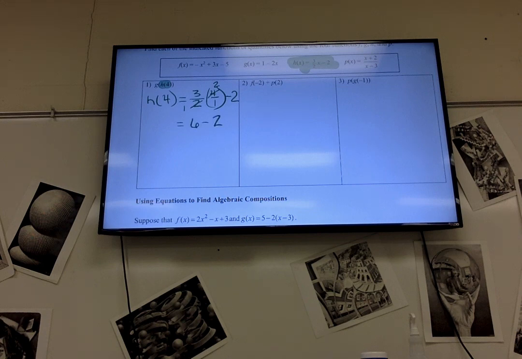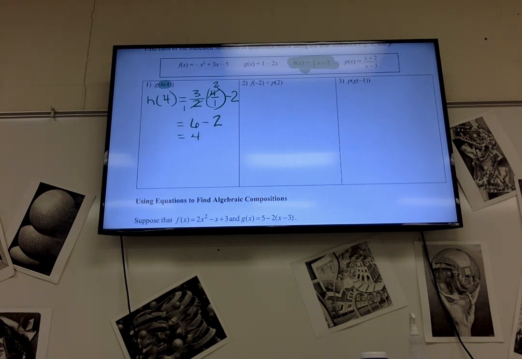I brought down the minus 2. If you had done it the long way, it'd be 3 times 4, which is 12, divided by 2 times 1, which is 2. So you get the same thing either way. And then, of course, 6 minus 2 is 4. It's just a coincidence that it's the same as the number we plugged in.